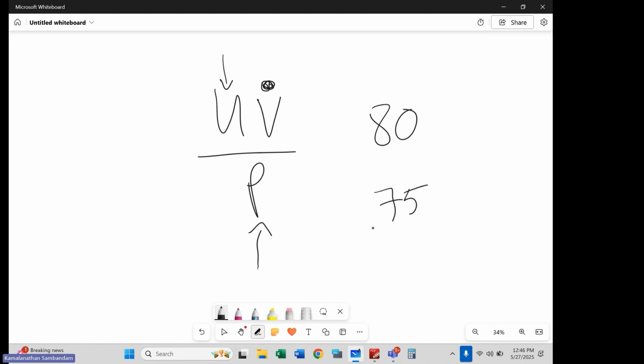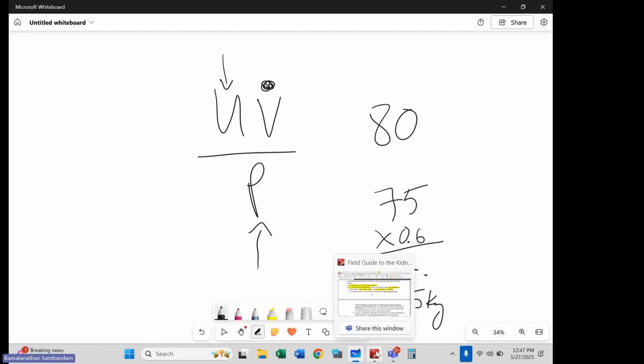And so this male would have a V of 0.6 times 75, right? Which gives you your answer, and then you add your 5 kilos back, because that's just water that the volume of distribution is augmented by, right?